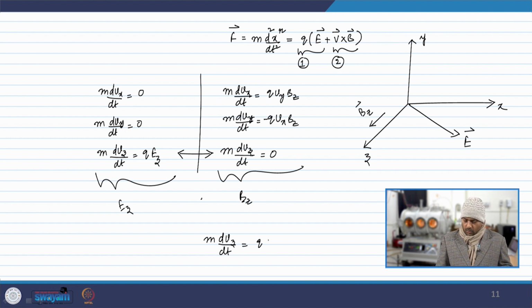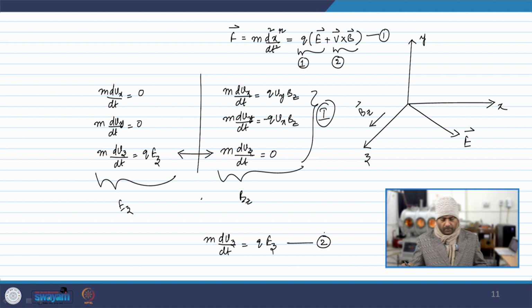So, we will write q Ez. Let us say we call this equation Roman 1 and this as 2. What are we doing? We are trying to combine both the sets of equations for understanding the motion of the particle.